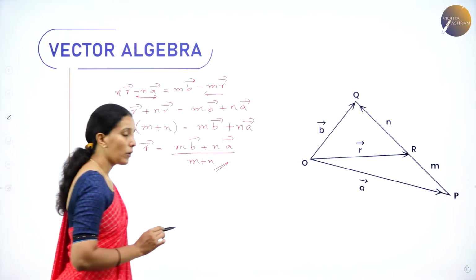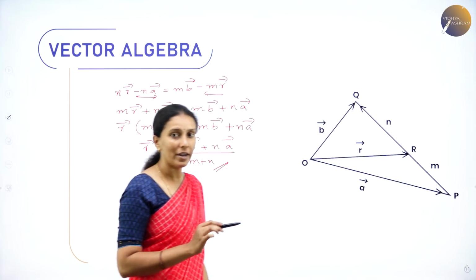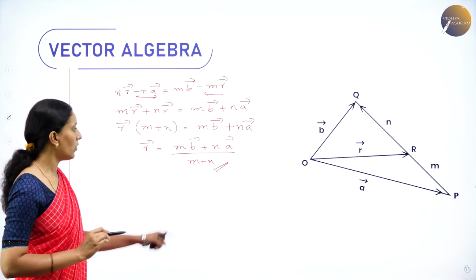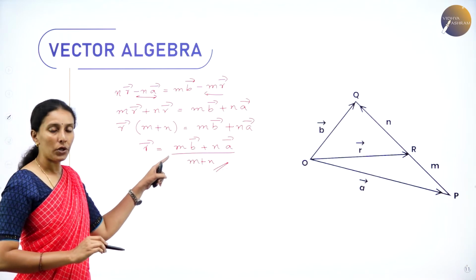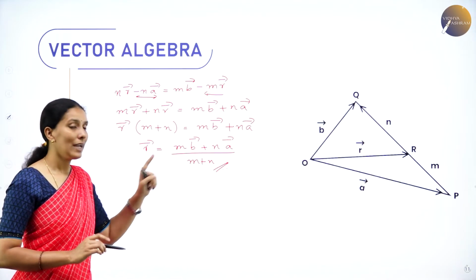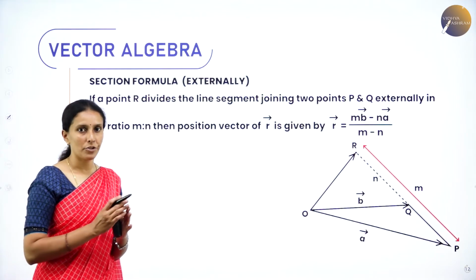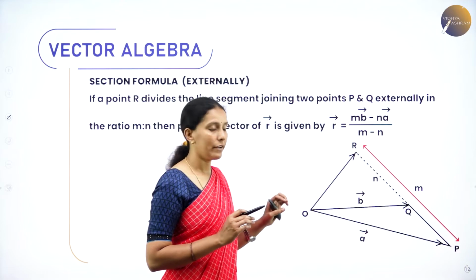So this is the position vector of the point R which divides the line or the vector PQ in the ratio M is to N, and it is given by vector R is equal to M into vector B plus N into vector A divided by M plus N. Next, the same section formula whenever the point is outside the given vector.